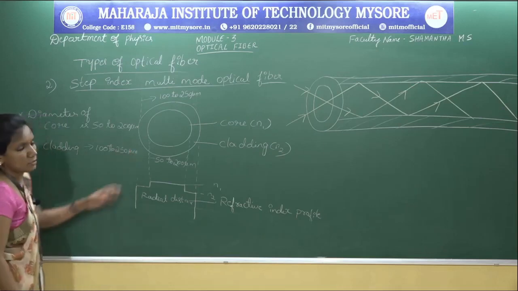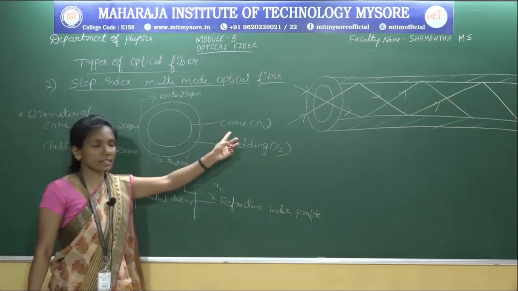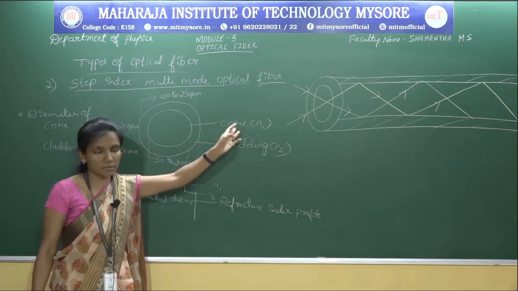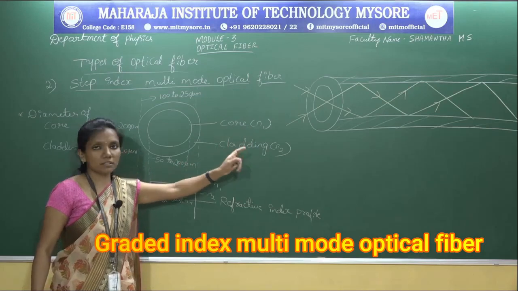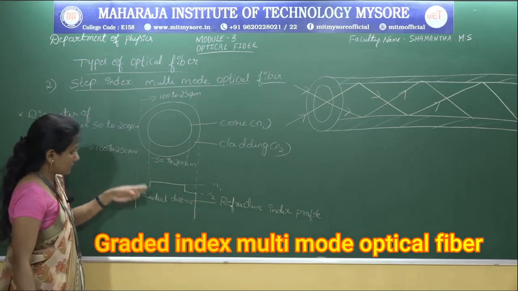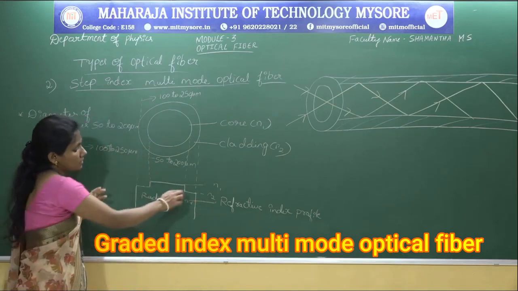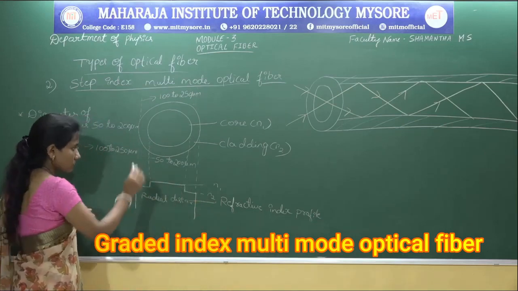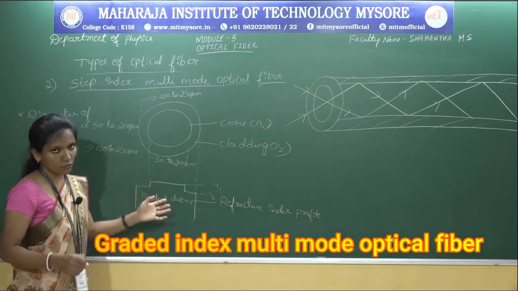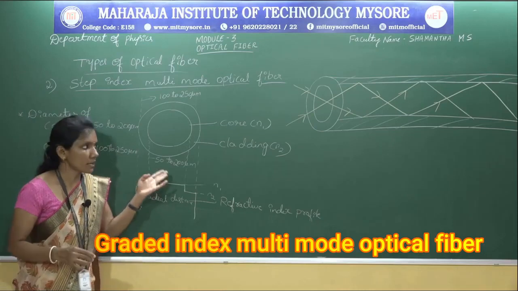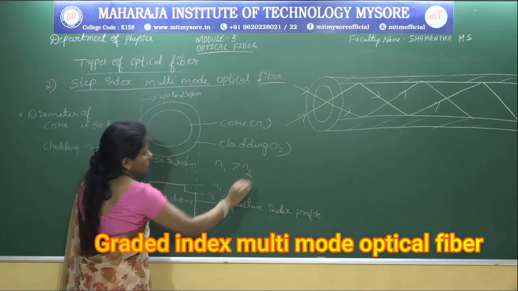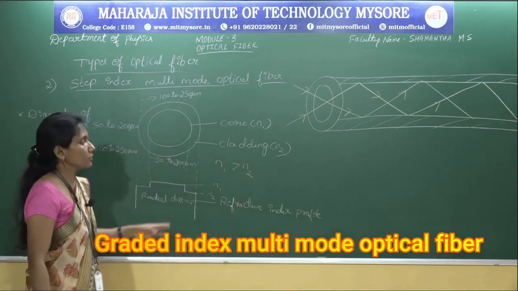The core refractive index is represented by N1, and the cladding refractive index is represented by N2. Here also the refractive indices of the core and cladding are uniform, and N1 is always greater than N2.